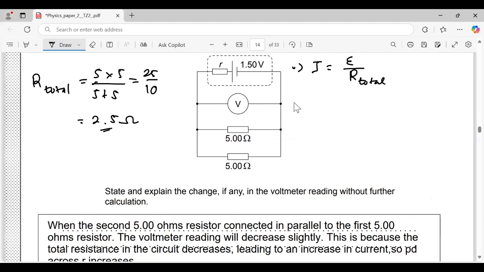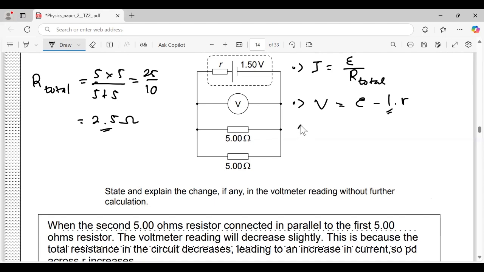That's for current. The implication for voltage: the formula is epsilon minus I times r. If I increases, the terminal voltage will decrease, because the subtracted term increases as well.